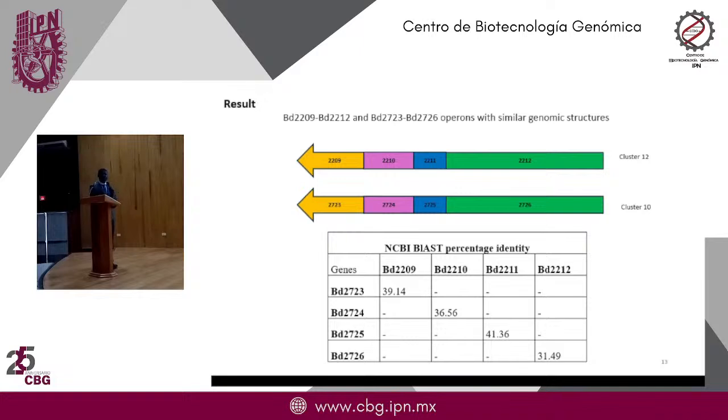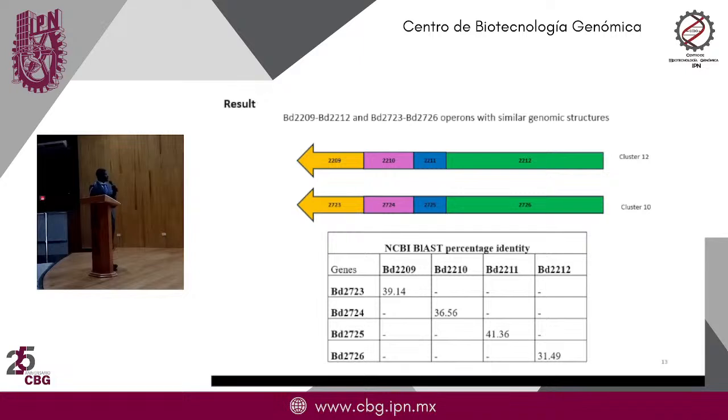So we initially thought that maybe it was just an event of duplication. But when we checked the NCBI BLAST percentage, we found that they were totally different percentage identities.